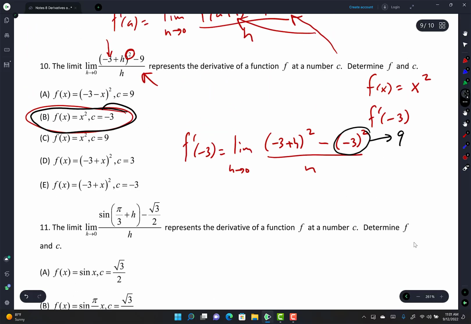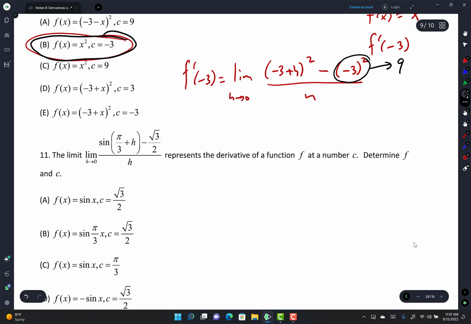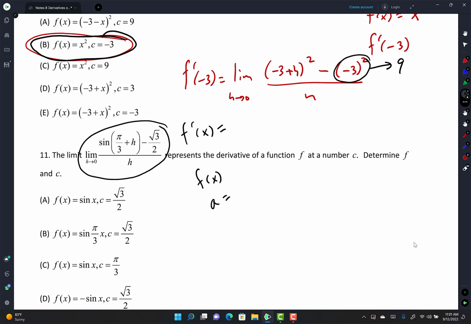All right. You didn't understand number 10? Okay. The question is this. This stands for something. It stands for the derivative of a function. They want to know what's the function, and they want to know what's the a value. That's what they want to know. This means f prime of x equals, really, literally, it means f prime of a.